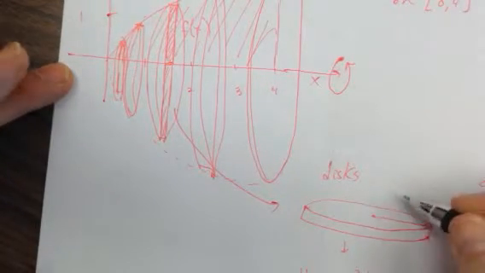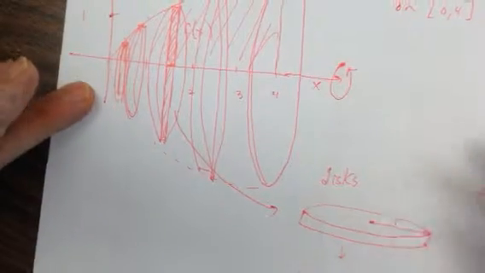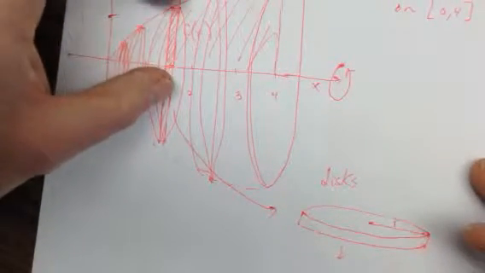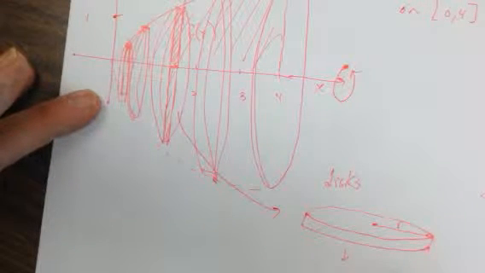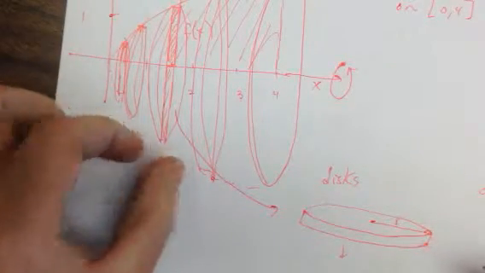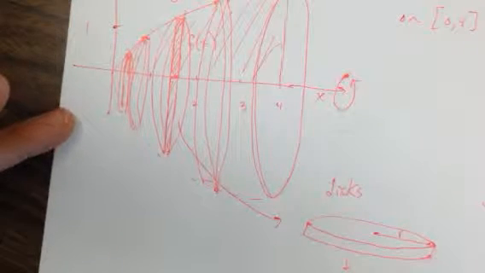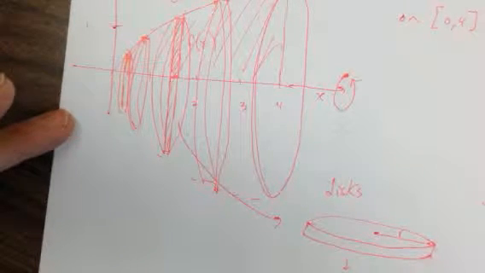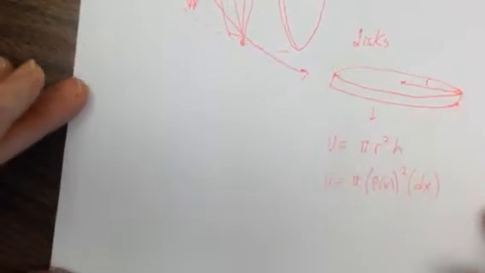And we're almost done. In this case, the radius, you'll notice from up here, the radius of one of these is the function. And the height is dx. So what we want to do is add up all of these disks from 0 to 4. And that's going to look like this.